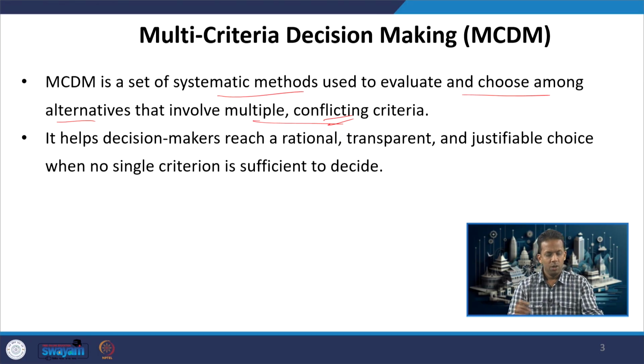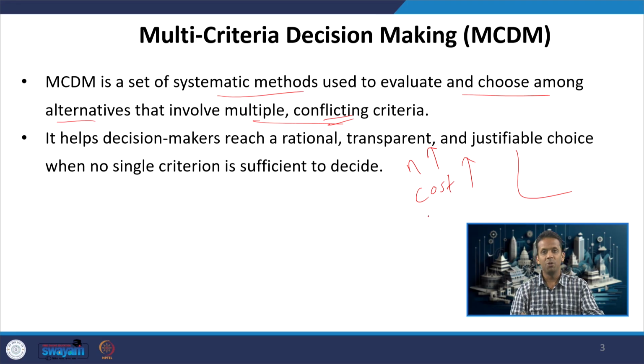So conflicting criteria means, let's take one example like cost and efficiency. What will happen, like if efficiency of any system has to be increased, it will obviously add some cost. Okay, it would be very difficult to increase efficiency and reduce the cost.